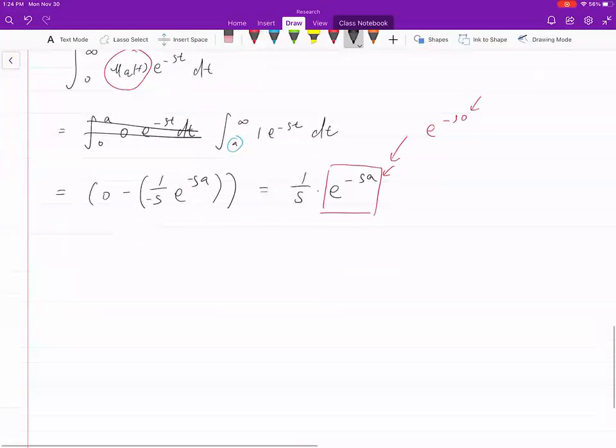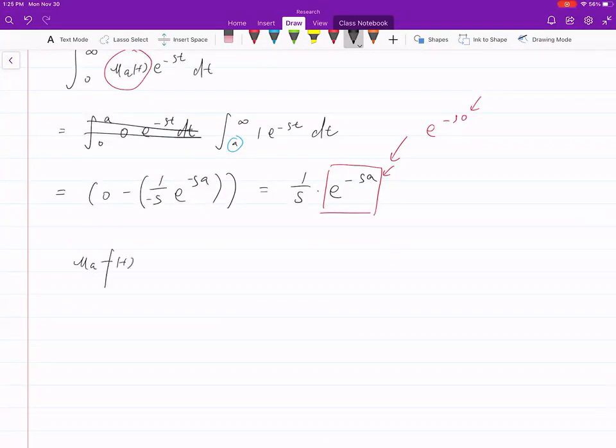So if I write it down, now you can see, what is this? What does it do? It basically gives you the same thing, except before you have 0 to infinity, now you have from a to infinity.